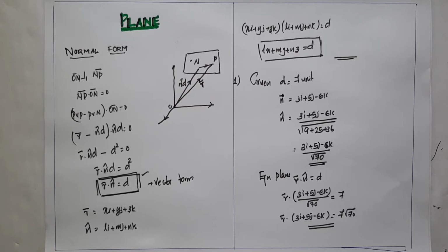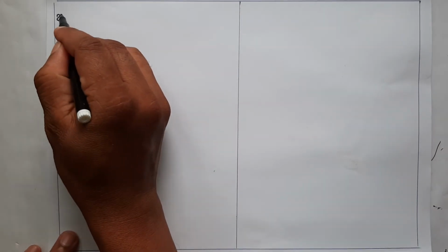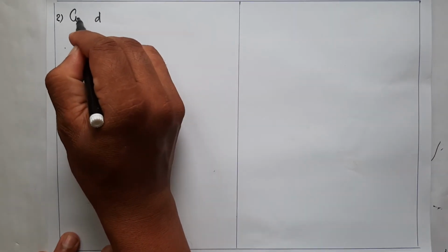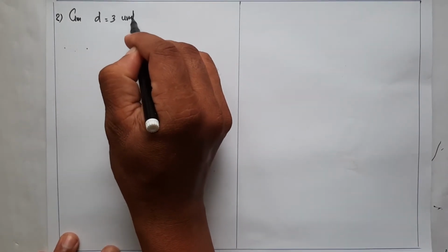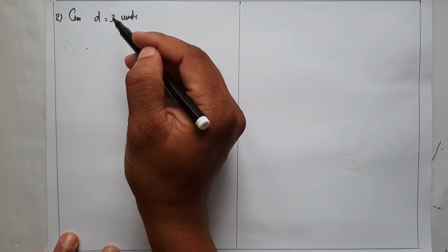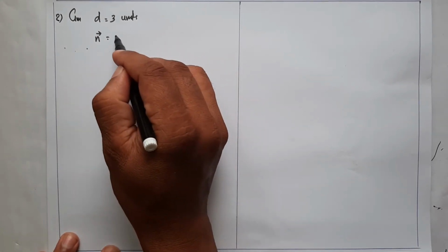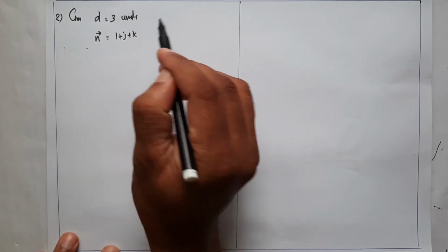Find the vector equation of the plane which is at a distance of 3 units from the origin and is normal to a vector n. Here D is equal to 3 units, and the normal vector n is i plus j plus k.